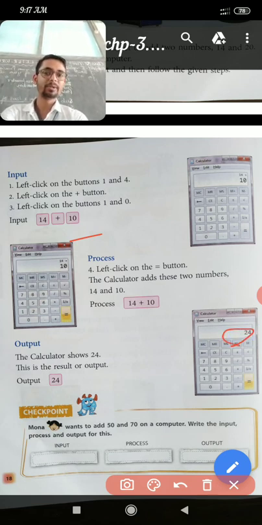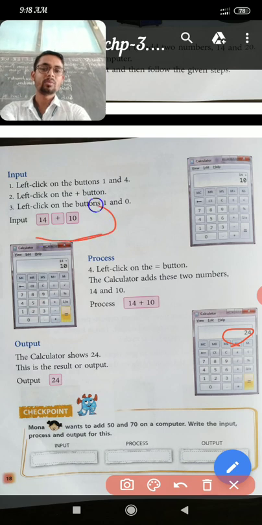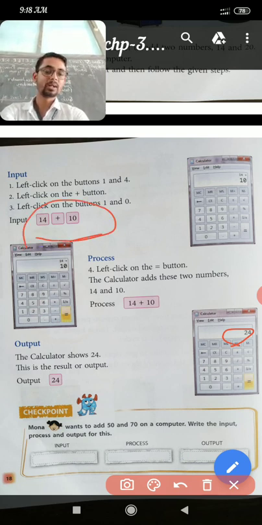The result is 24. So the input is what? 14 and 10, both the numbers are input, and we have pressed the plus button, so these are input.